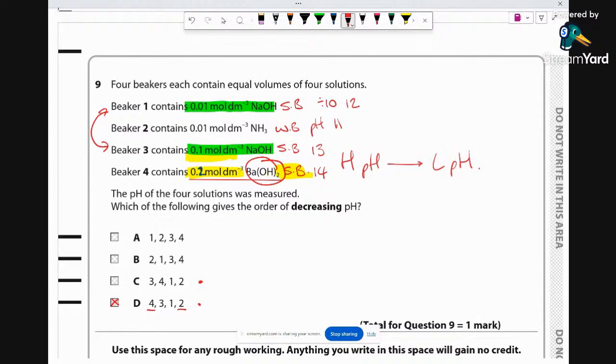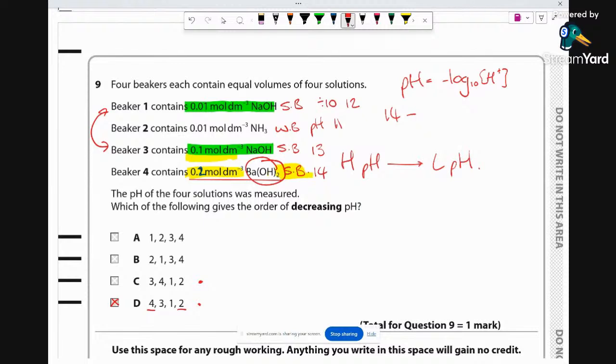You could alternatively, by the way, use pH equals the minus log to the base 10 of the concentration of H plus. Well, you can do that. We can just do the little clever 14 minus trick, because it's a neat trick to do this.